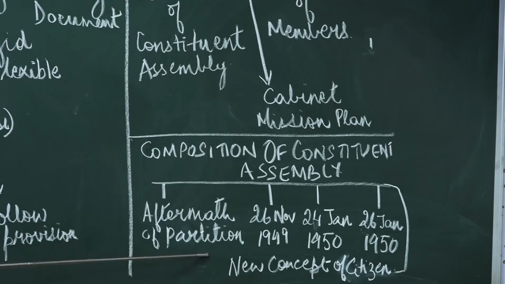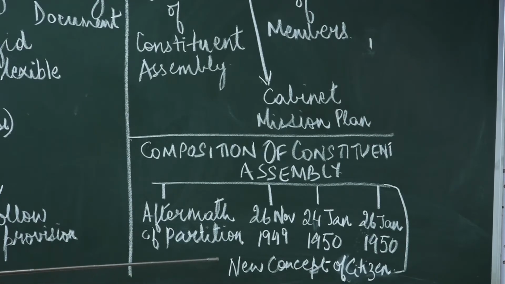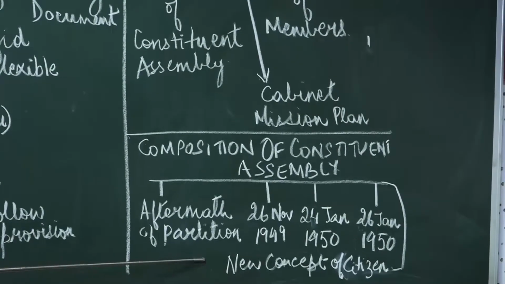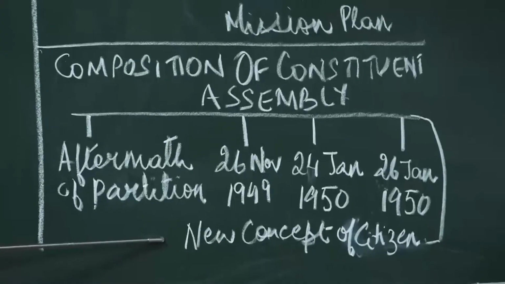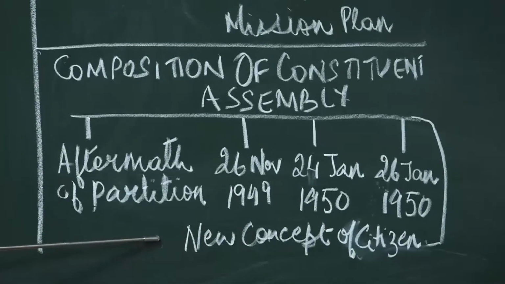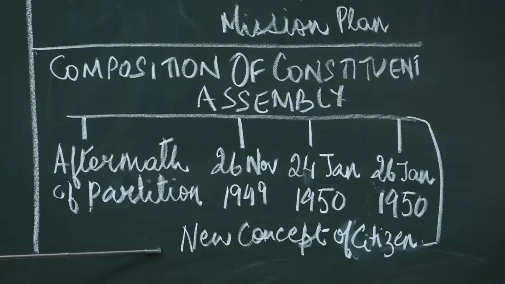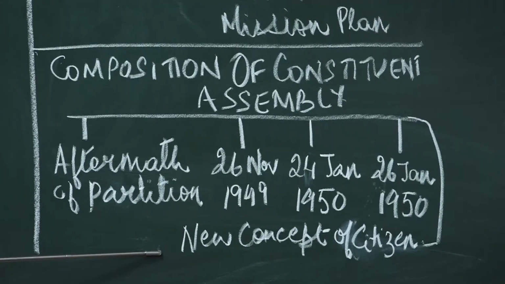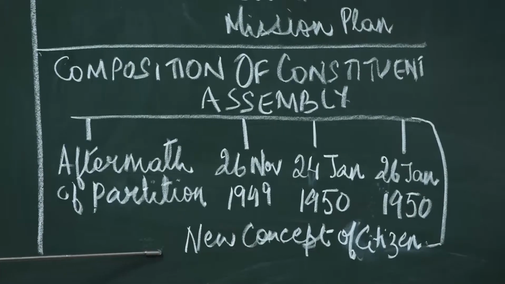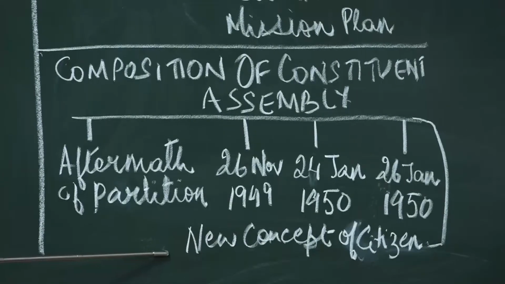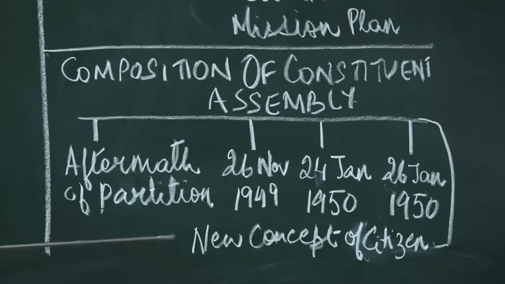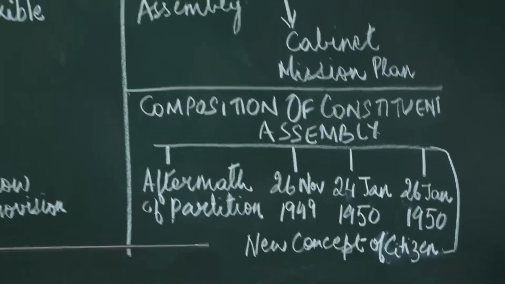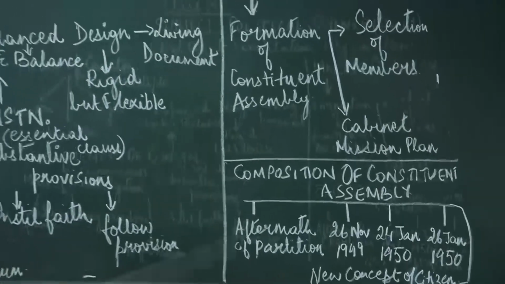So anybody who is a citizen, because we had just got partitioned, there were people who had walked into India from Pakistan, and so it was important to give them some respect and also give them an identity. And that is why this new concept of citizenship was developed, wherein anybody who wanted to be a citizen of India was most welcome, irrespective of their religion and irrespective of their minority status. That is how our constitution was framed and came into being.